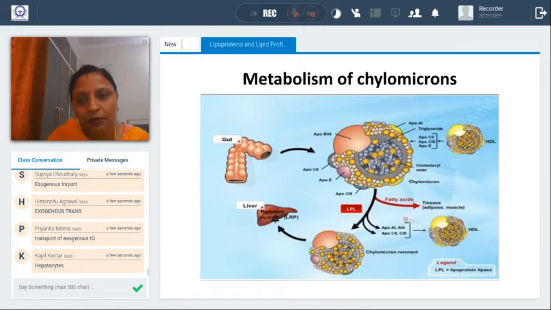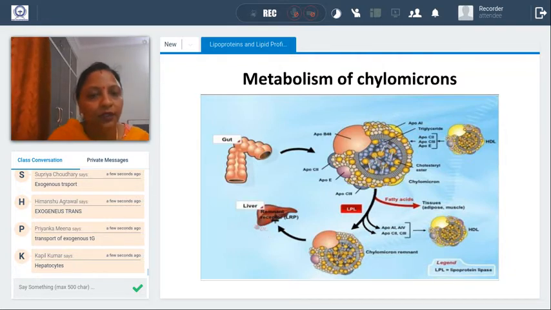You can see in this diagram, HDL gives ApoC2, and it combines with ApoC2 and ApoE, and this converts into nascent chylomicron, then chylomicron. By the action of LPL, it converts into fatty acids and glycerol, and ApoC2 is returned to HDL again, and this is called the chylomicron remnant. And this is the liver here. These are the remnant receptors.